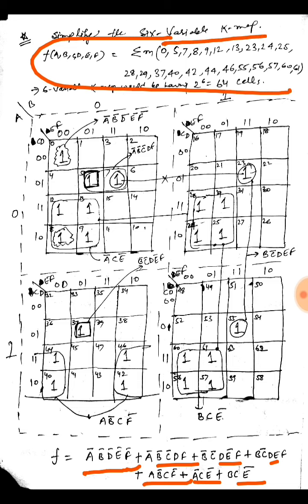So our function would consist of only 7 terms. Whereas in the original function I had around 18 max terms, so I have converted it into only 7 terms using the simplified or the graphical method of K map.